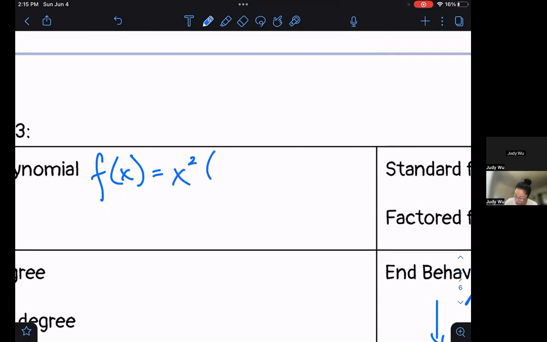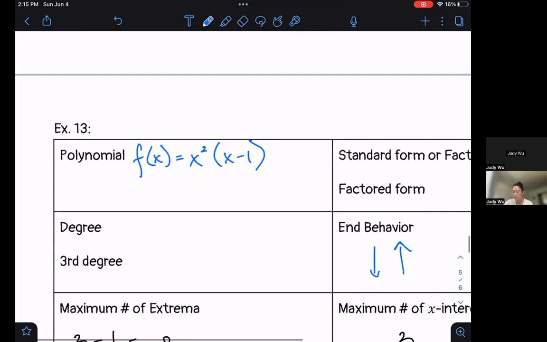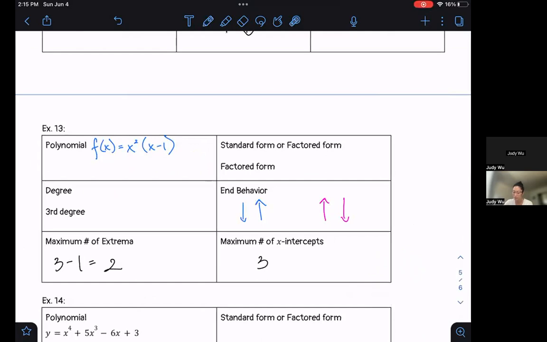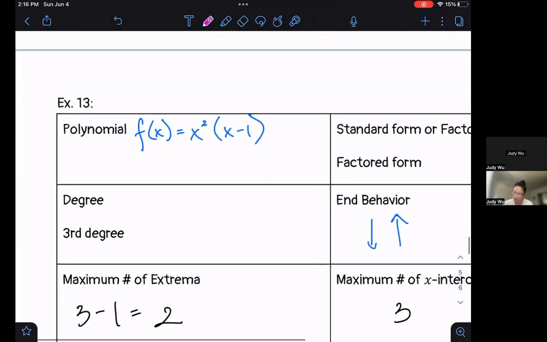x squared times x minus 1. That's a cubic. It has 3, 1, 2, 3, third degree. I know it has at most 2 bumps. I know there's at most 3 x-intercepts, all right? And if I wanted to make this match the pink end behavior, I could write the same function.